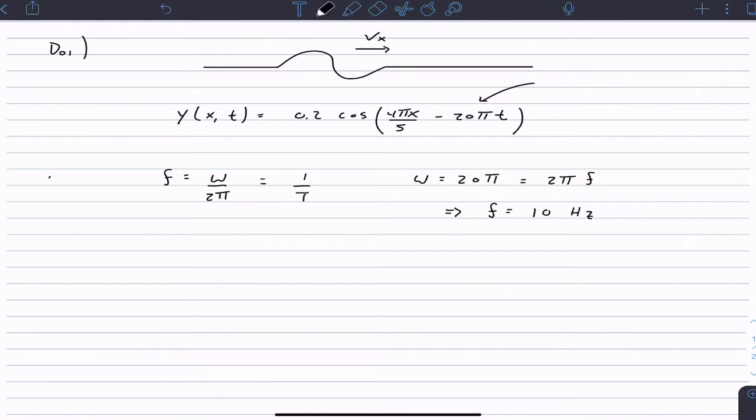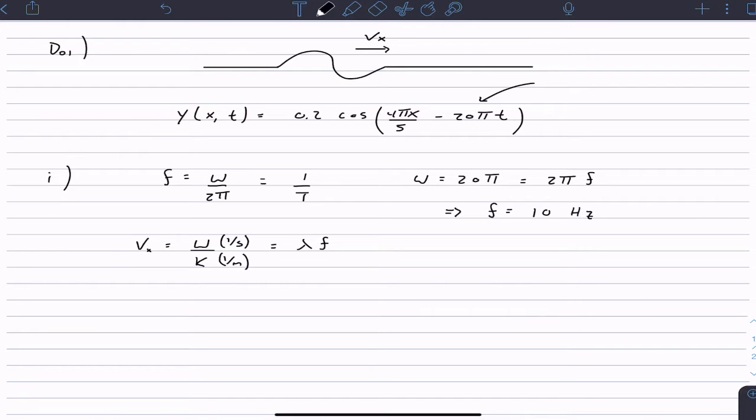Next, calculate the speed of the wave in meters per second. Well, let's recall that the speed of the wave from before is omega over k. So this is in 1 over seconds, and this is in 1 over meters, and given that, it will give you units in meters per second. You can also use the relationship lambda f, where lambda is wavelength and this is frequency. We know frequency.